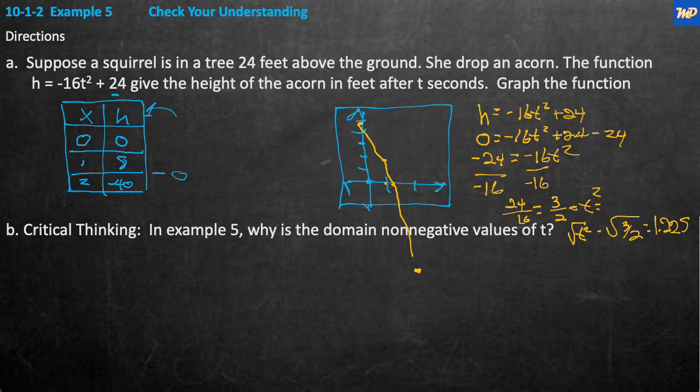So, critical thinking. In example 5 here, why is the domain non-negative values of t? Why are we just drawing from 0 right here, going this way, positive? Well, it's because we might like to be able to, but we cannot go backwards in time. Time only moves forward. You can say what it was a while ago, but you can't move in the physical world into negative time. And that's what it is.